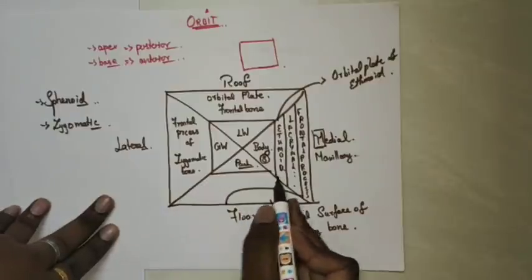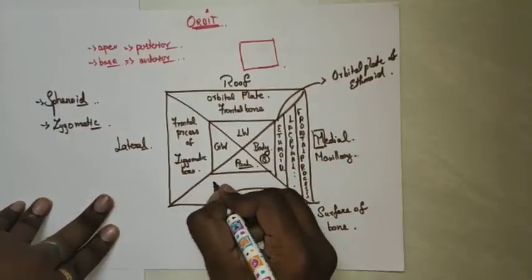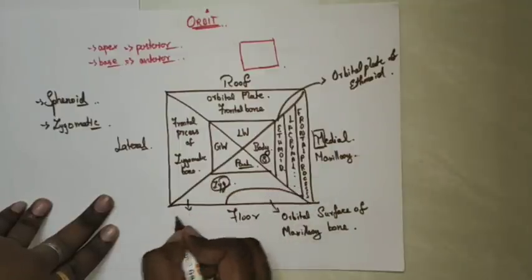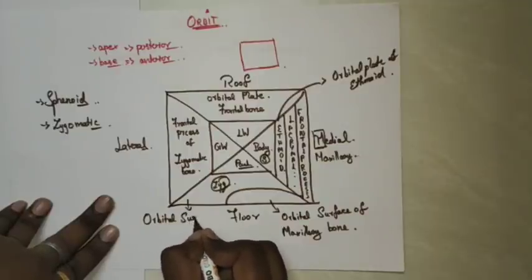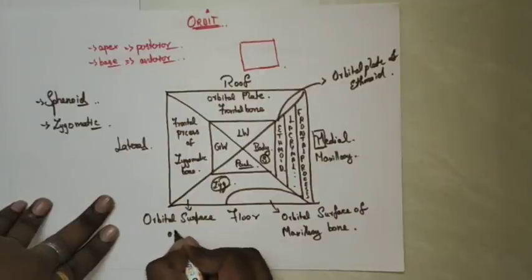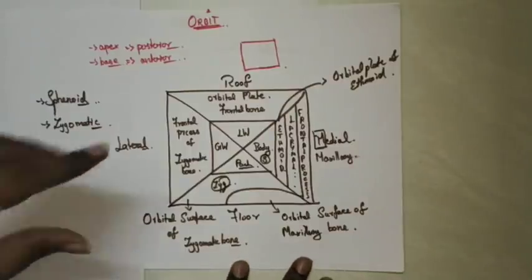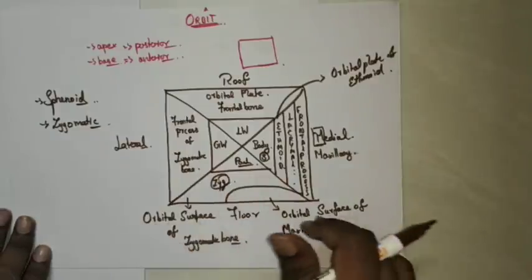And the remaining part is formed by the zygomatic bone, to be precise by the orbital surface of zygomatic bone. So this will be the bone boundaries of orbit.